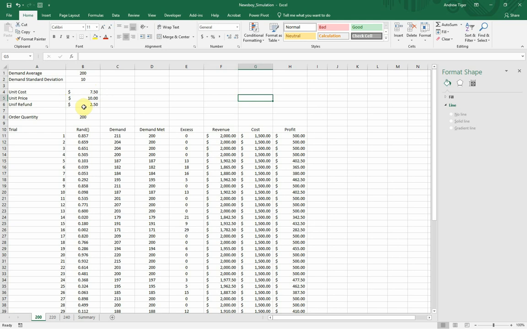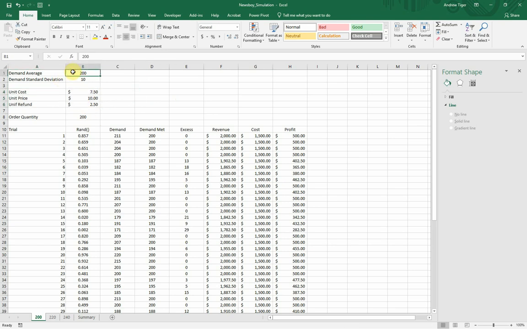In this case, we're selling calendars and we want to put them on the shelf for $10. For every one we produce, it costs us $7.50. And after the beginning of the year starts, we can send them back to the publisher and recover $2.50. So these three cost drivers impact what we should do.